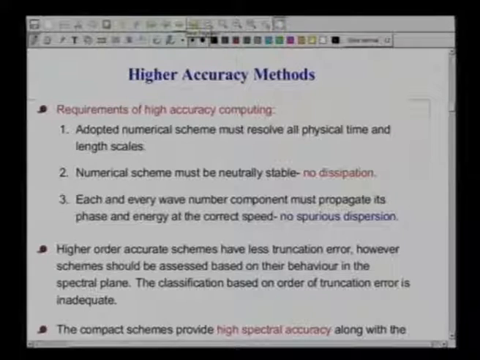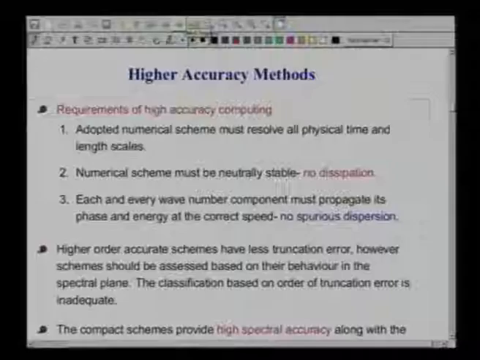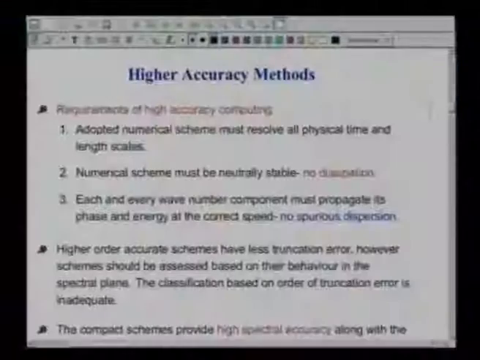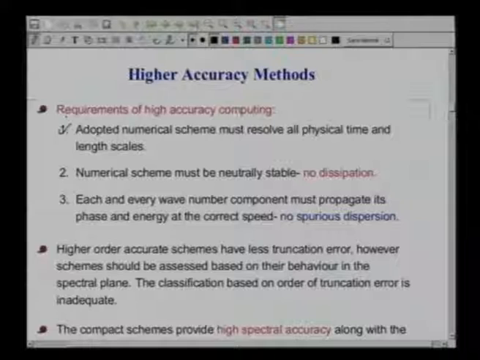First and foremost, we agree that any space and time scale that is relevant for the physical problem has to be resolved, right. So, the first term is very obvious. We need to resolve all physical time and length scales.